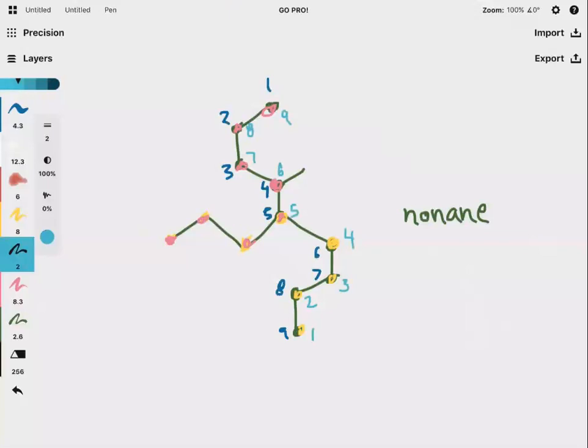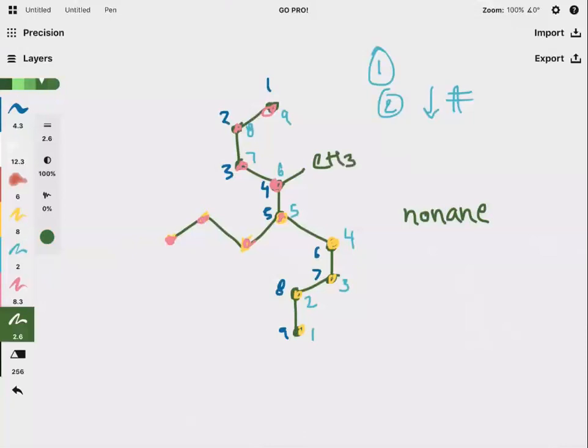Well, remember, we found the longest chain, which was rule number 1, right? Rule number 2 was lowest numbering sequence based off of the substituent groups that branch off of the main chain. So the dark blue, going from top to bottom, would give us our first branch at position 4, and that would be this methyl.